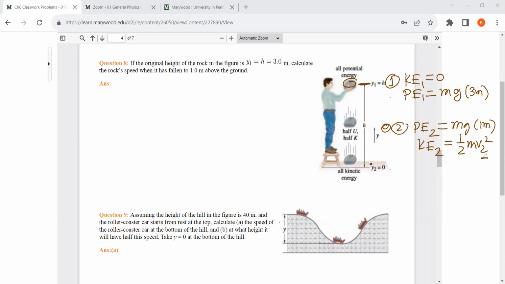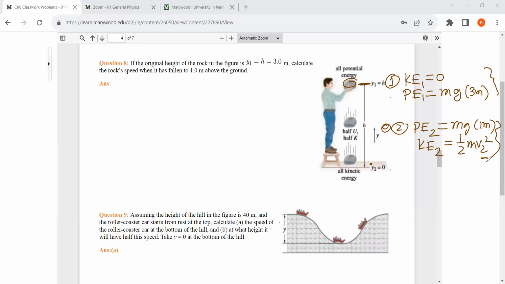So you see that the mechanical energy we have here is the sum of these two, and the mechanical energy at position 2 we have this. Let's neglect the non-conservative force, I mean, neglect the air resistance and the friction. If we neglect the air resistance and the friction, then we can use the conservation of mechanical energy, right?